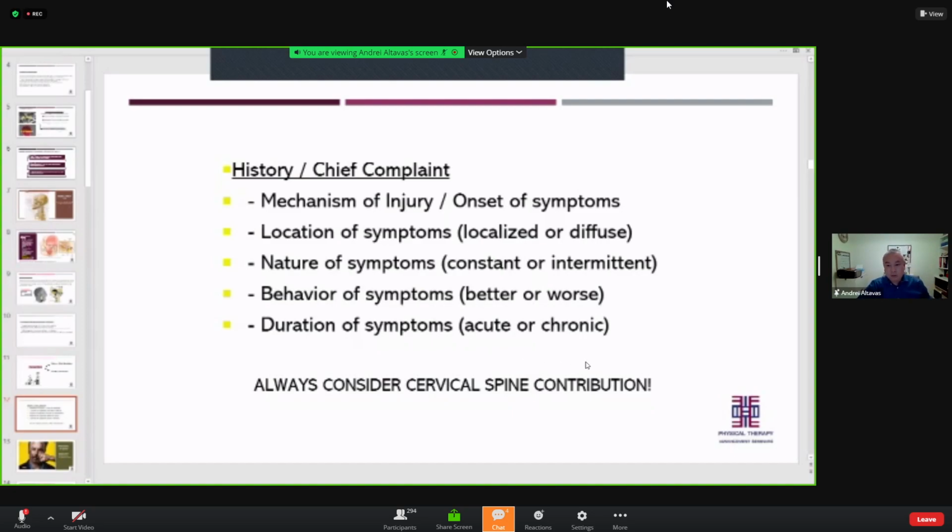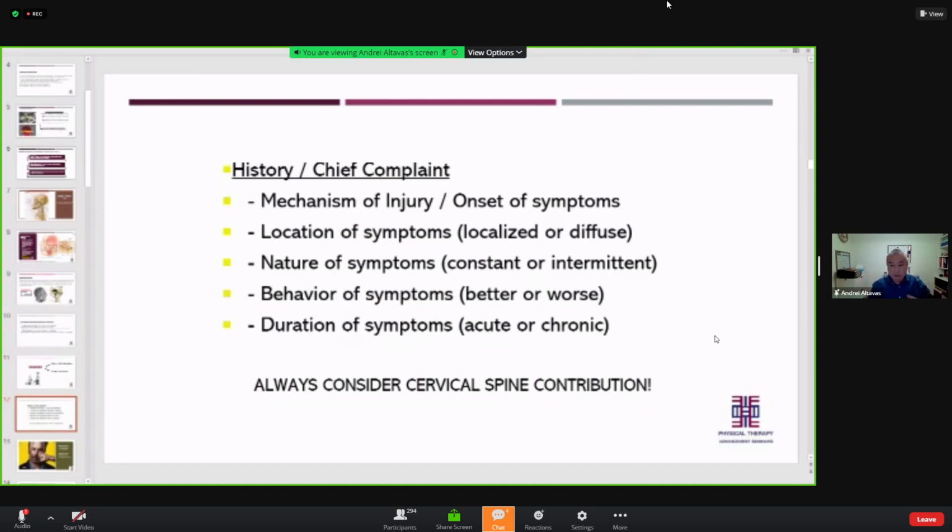The nature of symptoms could be constant or intermittent. Intermittent pain that comes and goes usually tells us that the problem could be mechanical. If the problem is mechanical, we can fix it.